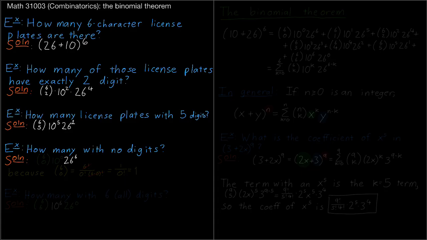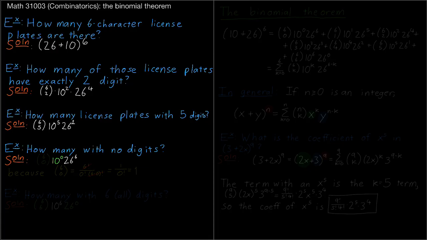But we would like that to look a little bit more like the numbers we've got above. So I want a 10 to some power, but I don't actually want to change my answer at all. I just want 10 to the 6. So I'm going to write 10 to the 0 here. 10 to the 0 is 1, so I'm just multiplying my answer by 1. I'm not actually changing it anyway.